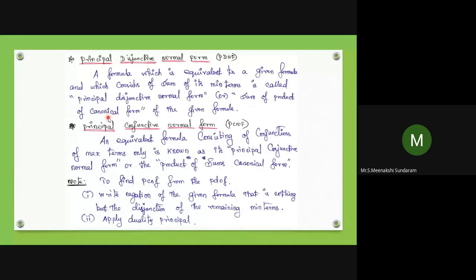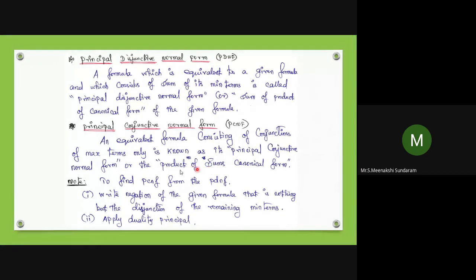That's why it is a disjunctive normal form: the sum of minterms. Min means conjunction, that's why you write sum. Max means disjunction, that's why you use product. The principal conjunctive normal form is an equivalent formula consisting of a conjunction of max terms only, known as the product of sums canonical form.